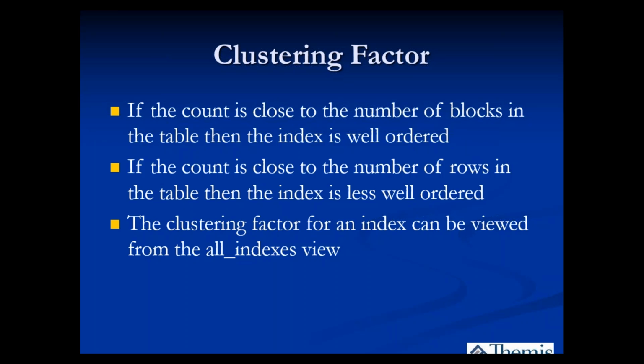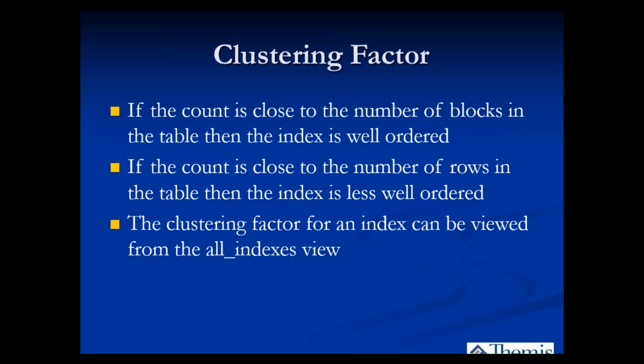Even if I'm just looking up your phone number, I have to at least read one block to do that. The table's made up of a number of blocks, and within those blocks are a number of records. So if the clustering factor is close to the number of blocks that the table makes up, then we have a good correlation between the index and the table.